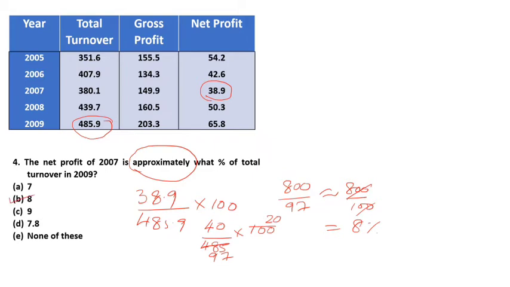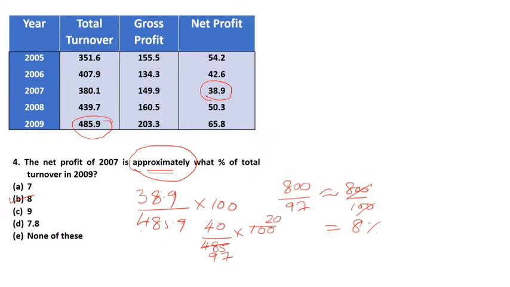For all these types of questions, student, you need not waste time solving by calculating to exact decimal places. In the question itself, it asks for the approximate value. So you can take 38.9 as 40, rounding off to the next number. 485.9 I am taking as 485. Why am I taking it like this?